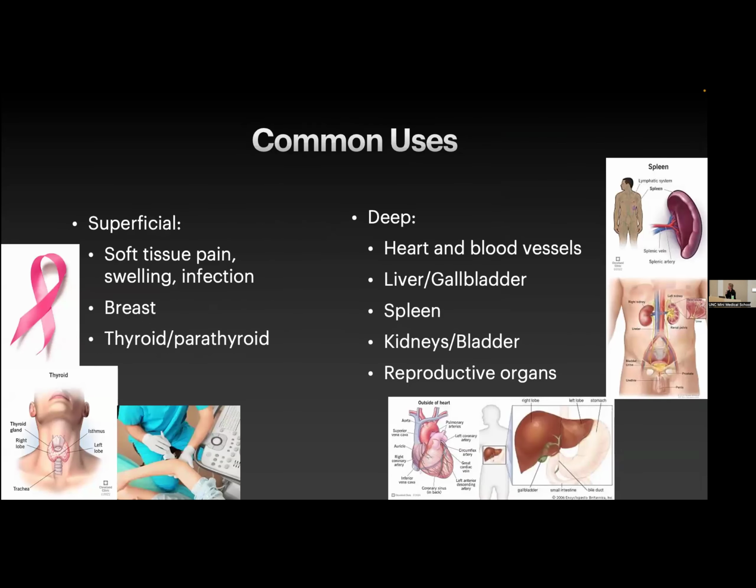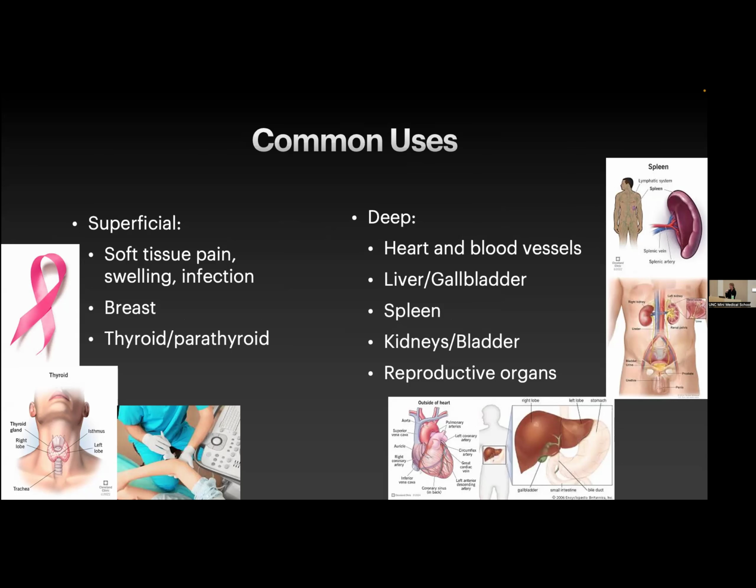So why would we use it? When would we use ultrasound? There's a lot of different reasons. We use ultrasound often for superficial things that are very close to the skin surface, to identify abnormalities. Things like if you have focal swelling, redness on your arm, and you're worried maybe you have an infection, let's take an ultrasound on it and you can see if there's fluid there or an abscess or if it's just inflamed.